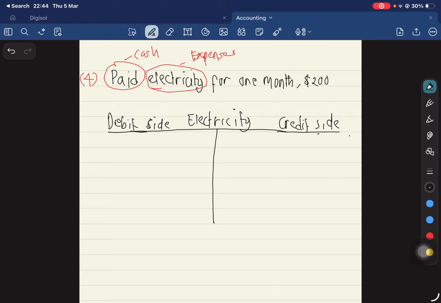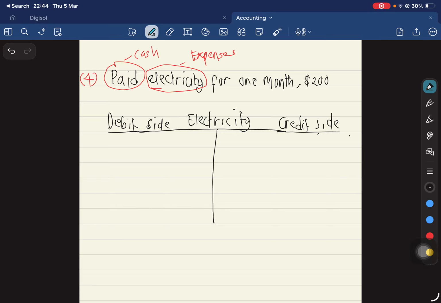So it says paid electricity for 1 month. Electricity is an expense. Expenses are costs to the business. So let's state the accounting rules regarding expense.